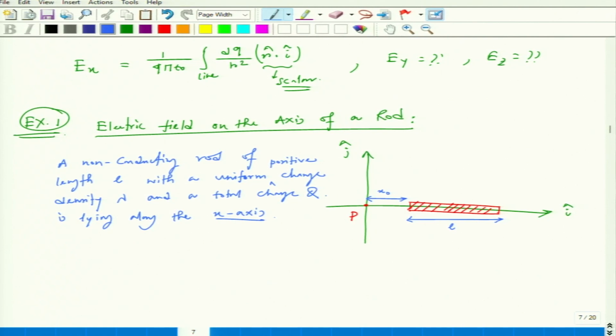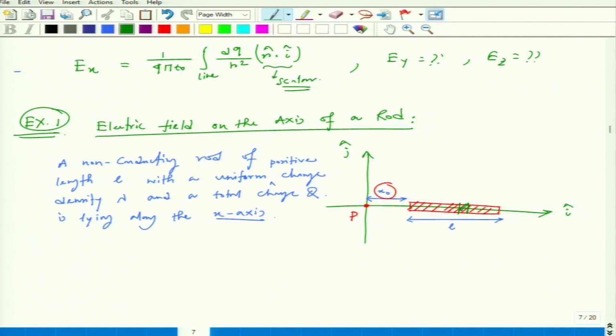In order to calculate the electric field at this point P, which is lying on the axis of the rod, at x0 from the left end of the rod, we first calculate the electric field at point P due to a small element.